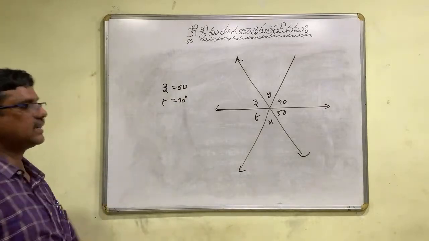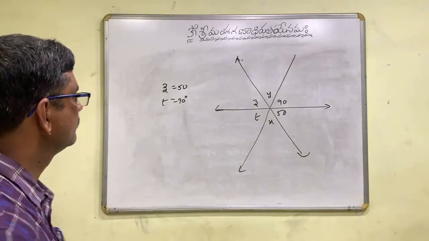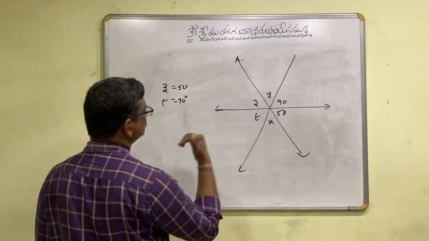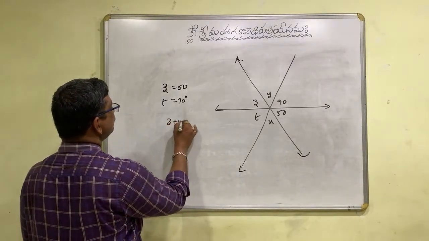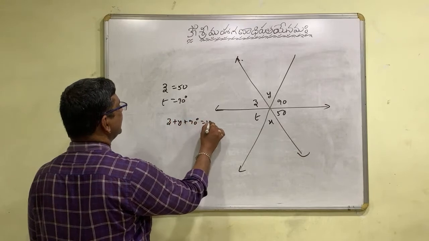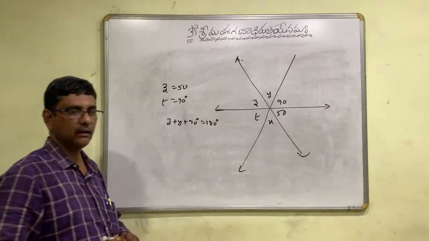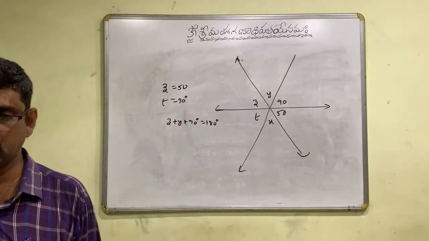And we need to find out X and Y both. So what we do is Z plus Y plus 90 is equal to 180. Straight angle. Z plus Y plus 90. These 3 angles, their sum is 180.